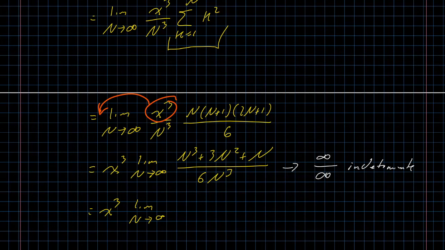I'm sorry, I lost something. N times 2n should have given me a 2n cubed. That's going to actually be important in a little bit, so I'm glad I caught that now. All right, but 2n cubed divided by n cubed is 2. 3n squared divided by n cubed is 3 over n, and n over n cubed is 1 over n squared.